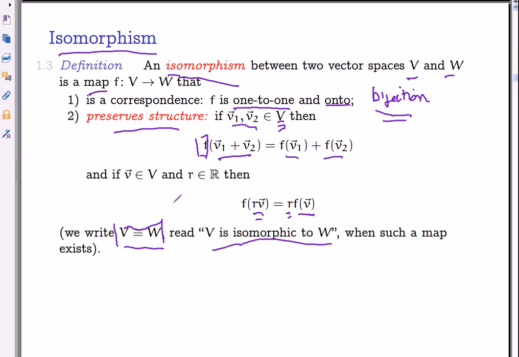At this point, we've only shown a one-way definition, that there's an isomorphism from V to W, but shortly we'll show that if there's an isomorphism from V to W, there's also an isomorphism from W to V. And that shouldn't be too surprising, because here we have that this correspondence is a bijection. So it really goes both ways.